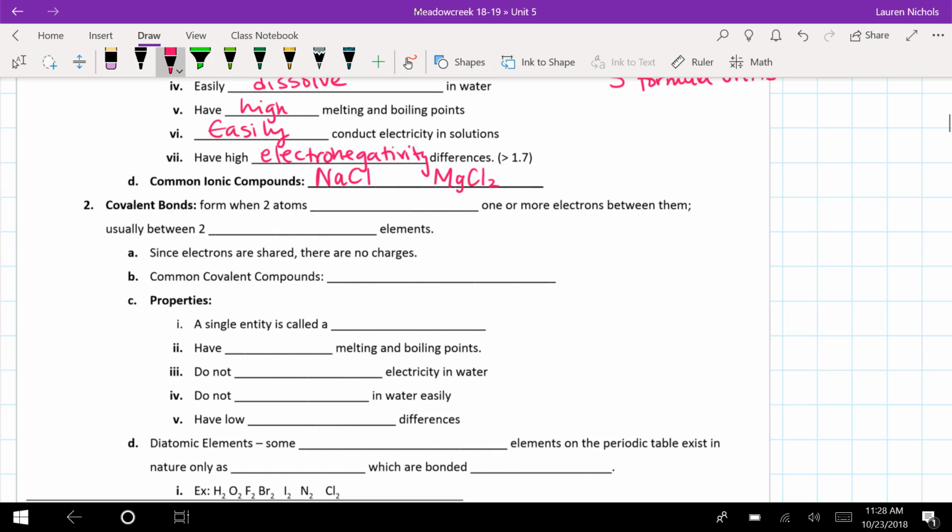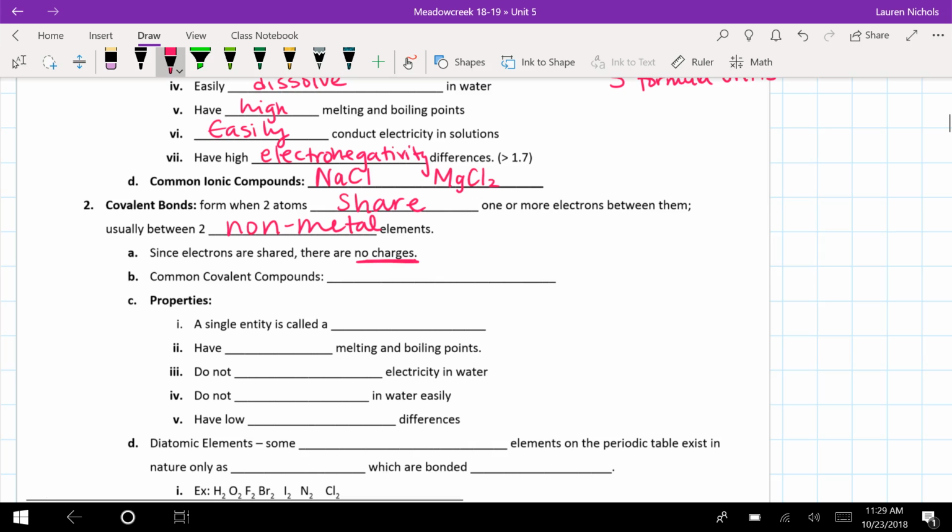Covalent bonds form when 2 atoms share their valence electrons, and it's usually between 2 non-metal elements. So ionic compounds have a metal and a nonmetal, while covalent compounds are both nonmetals. Since electrons are shared, there are no charges.